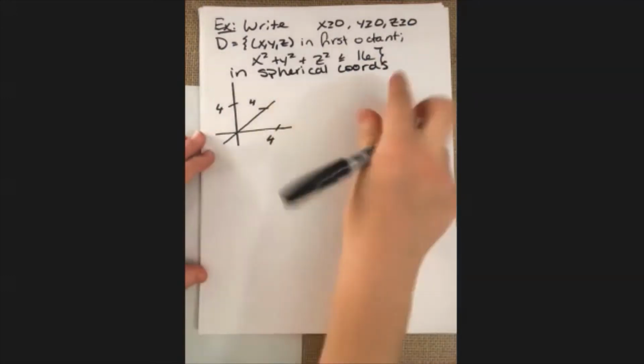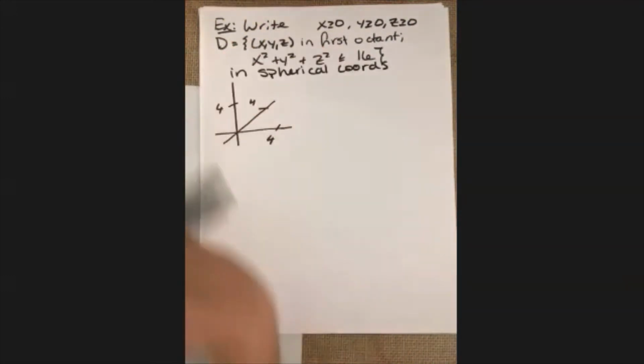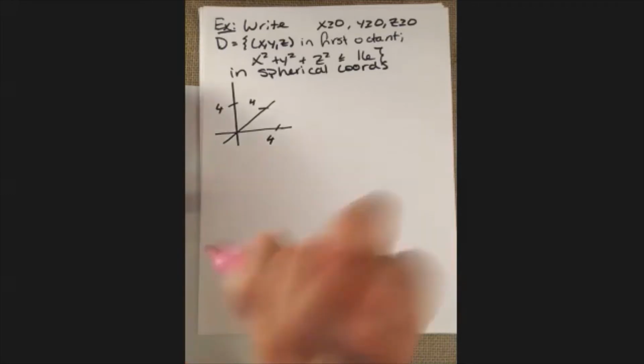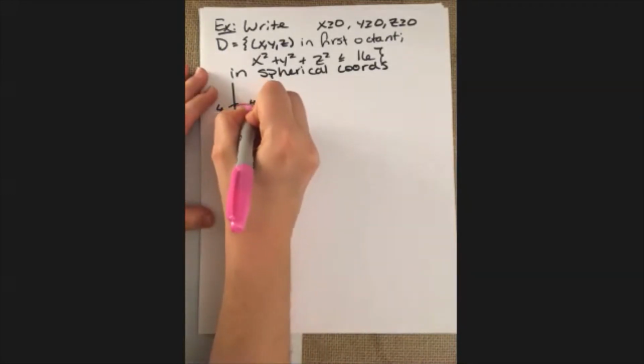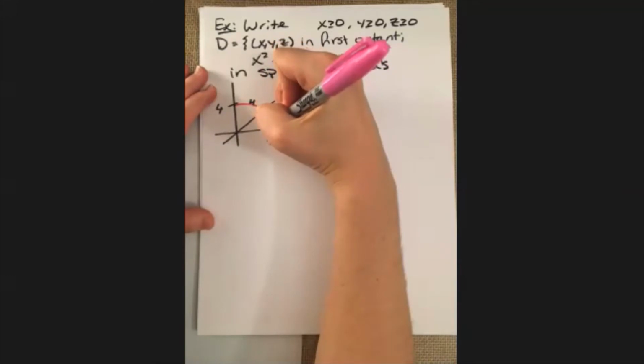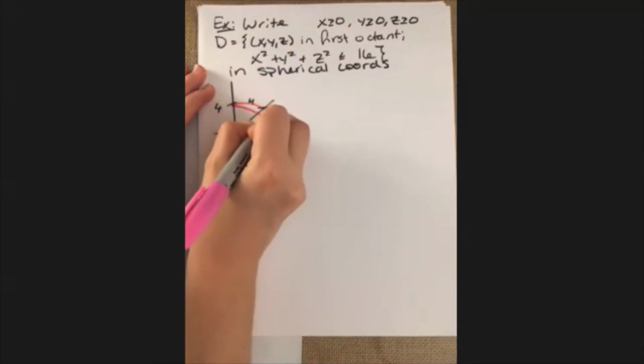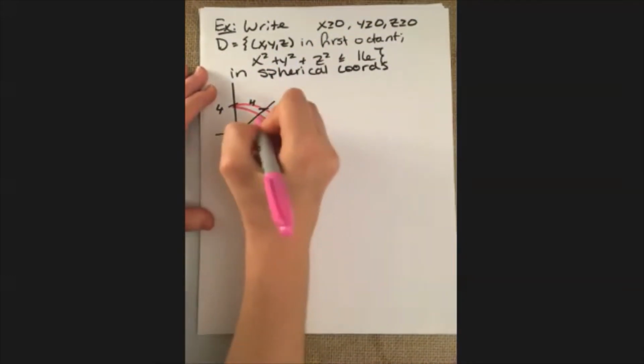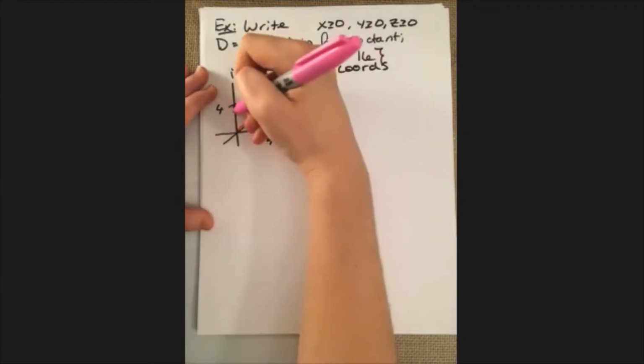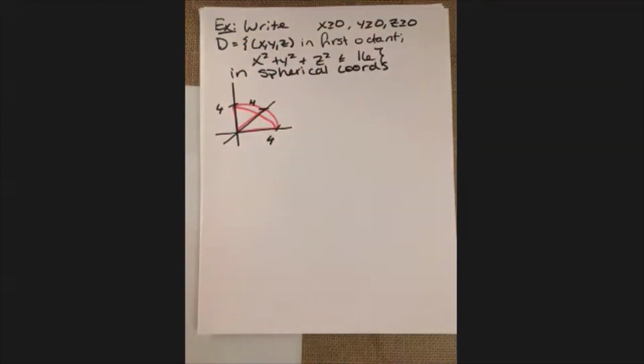Okay, so our shape, I guess I will draw it in pink. It's going to look something kind of like this. Draw like a quarter of a sphere. This is going to be it right here.